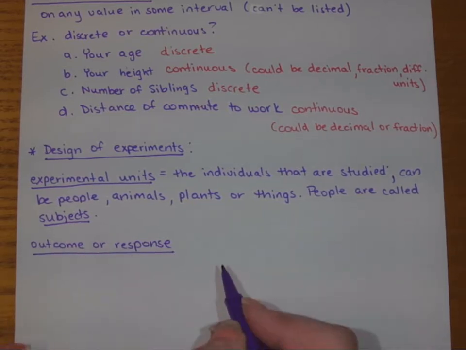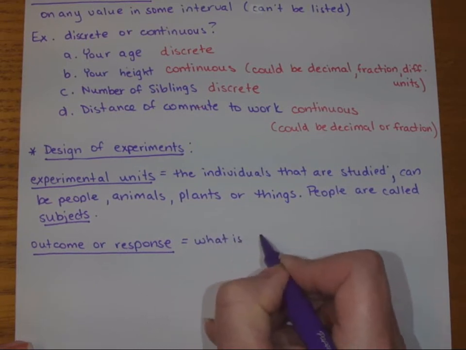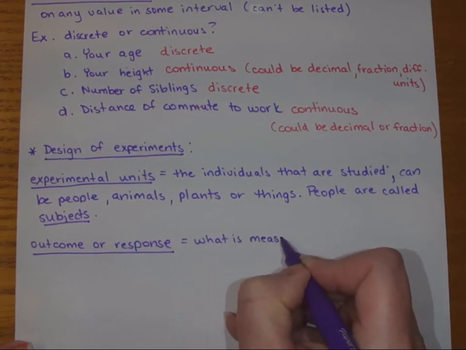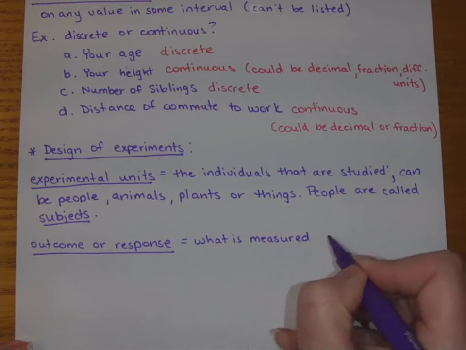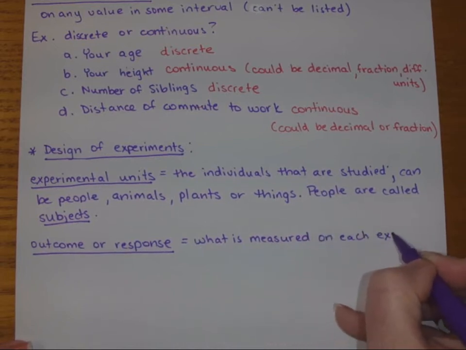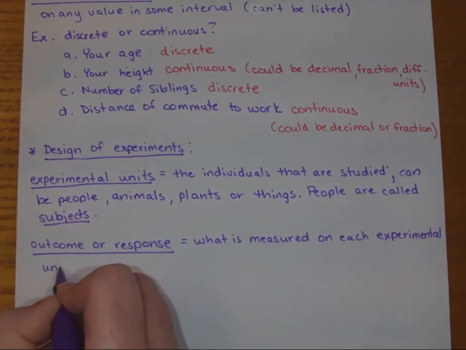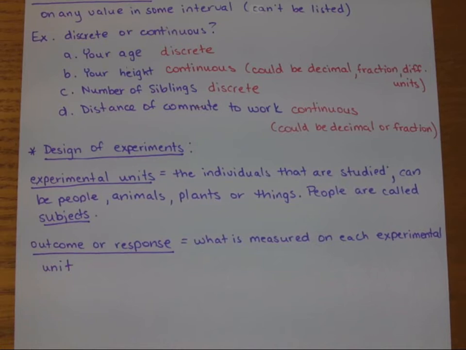An outcome or response is what you're trying to measure. So if it's a survey question, it's the question you're asking and the answers that they give you. If you are performing a medical experiment, it might be people's vital signs when they take a certain drug compared to when they don't take a drug or something like that. So it can be lots of different things.